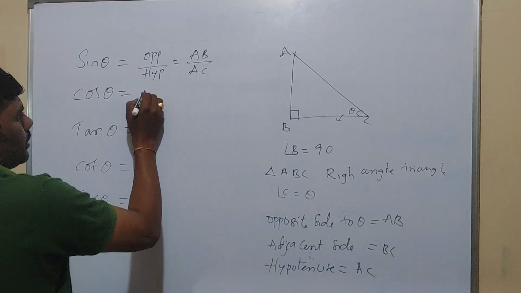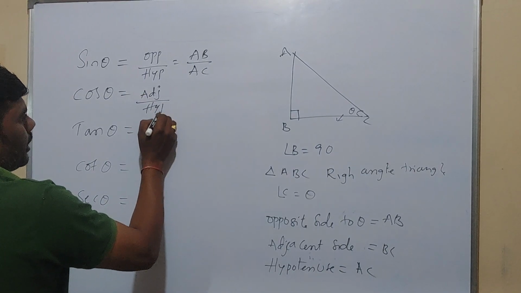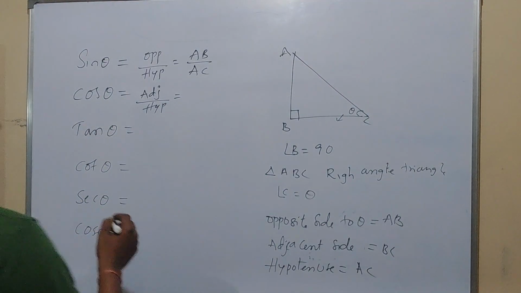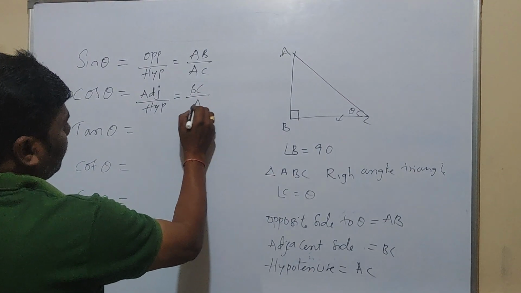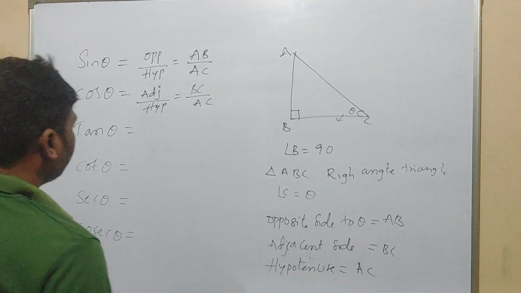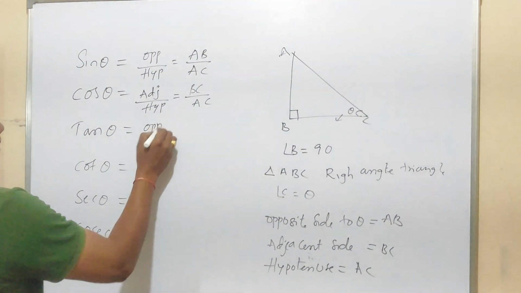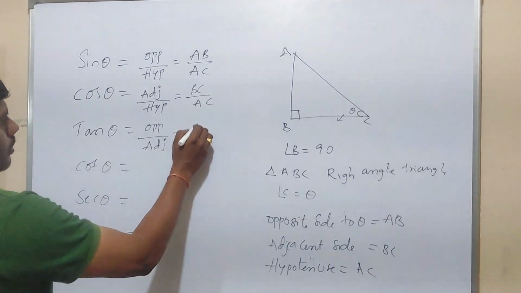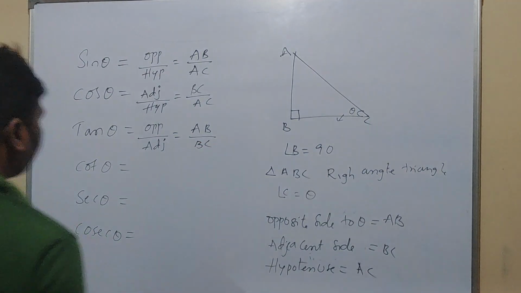Cos theta equals adjacent by hypotenuse, which is BC by AC. Tan theta equals opposite side by adjacent side, which is AB by BC.